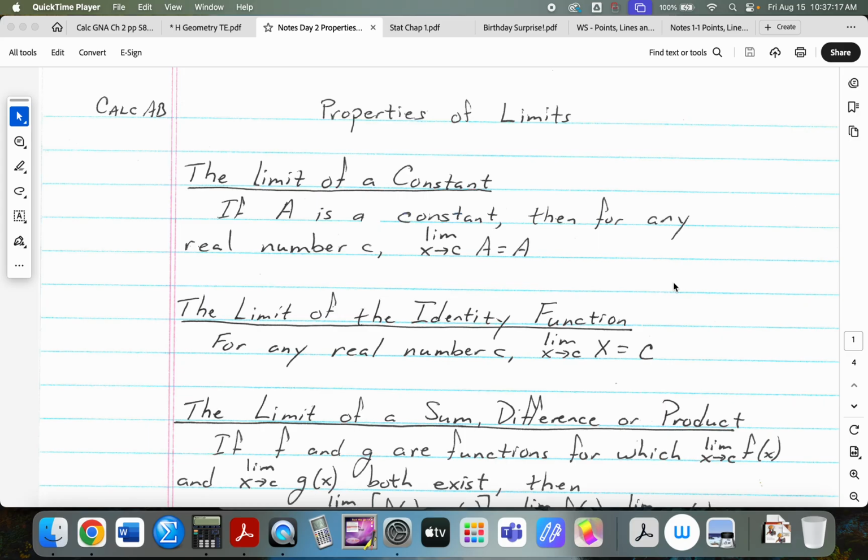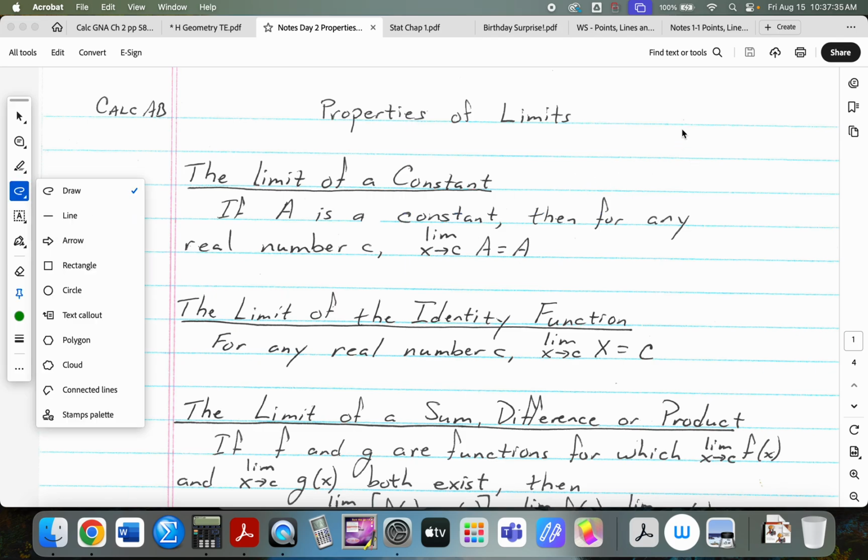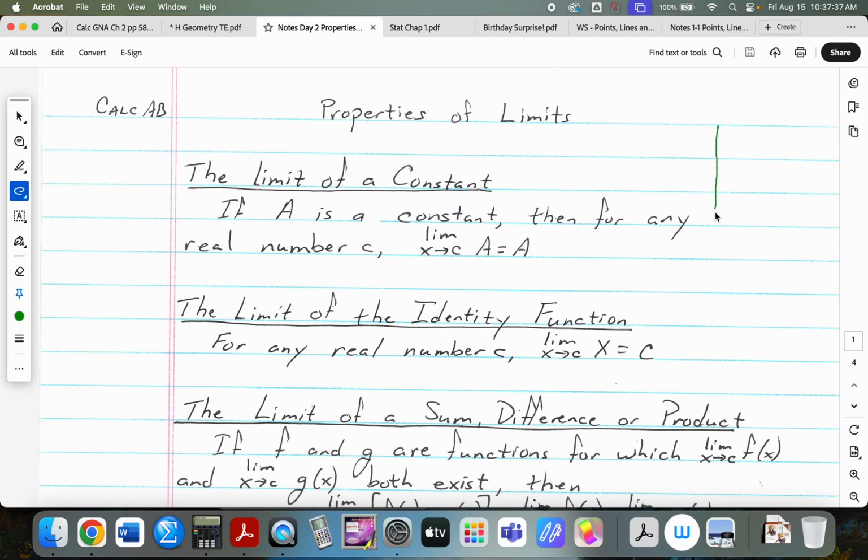Here's the first one, the limit of a constant. If capital A is a constant, then for any real number C, the limit as x approaches C of A is A. What they're saying there is that if you have a constant function, so let's say these are your axes, like y equals 3.